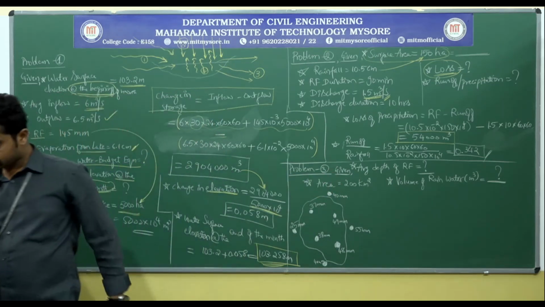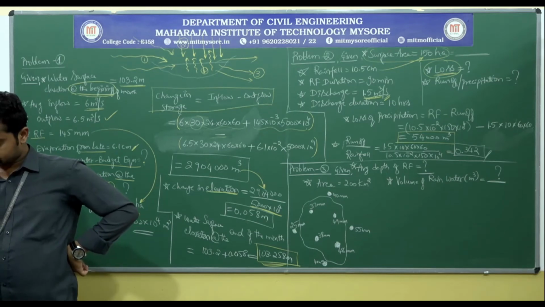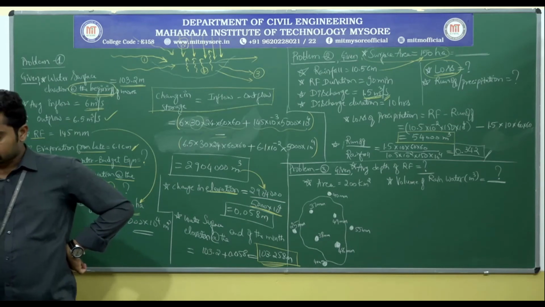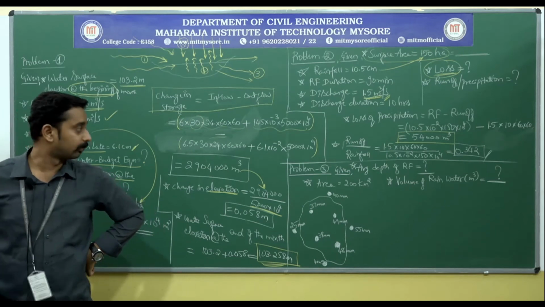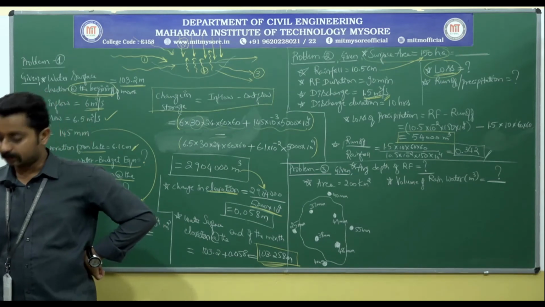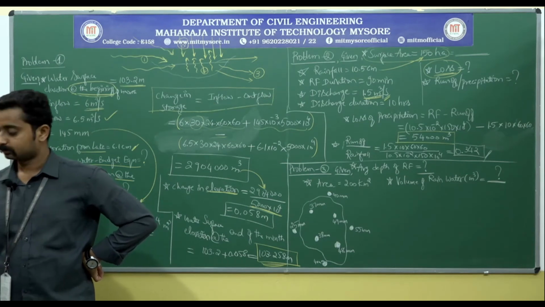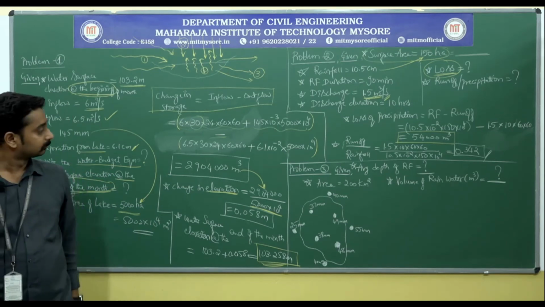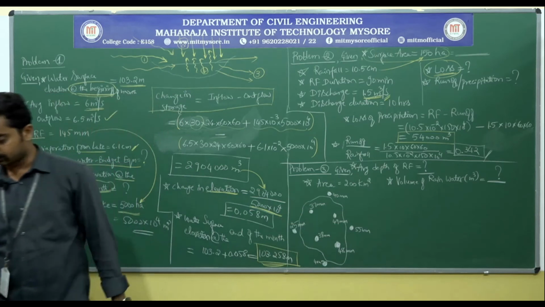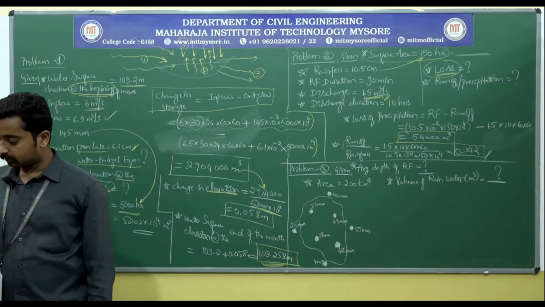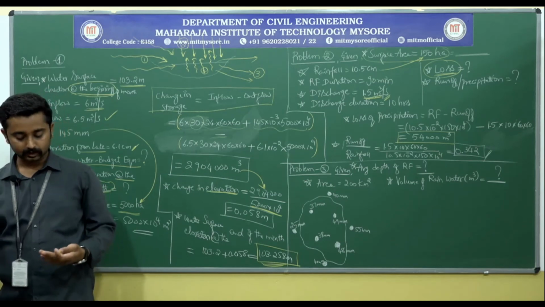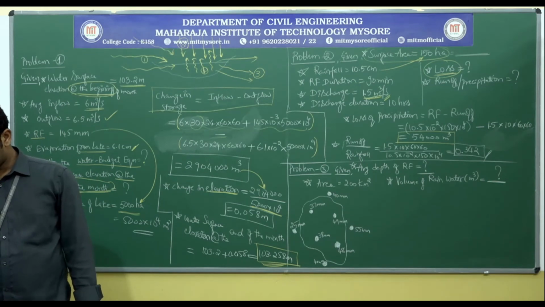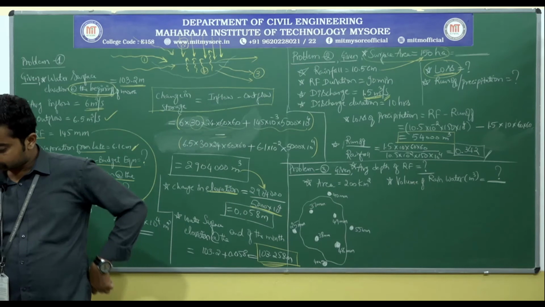Next problem number 3. Just take down the problem. Compute the average depth of rainfall for the catchment shown in the figure, with an area of 200 kilometer square, using arithmetic mean method.